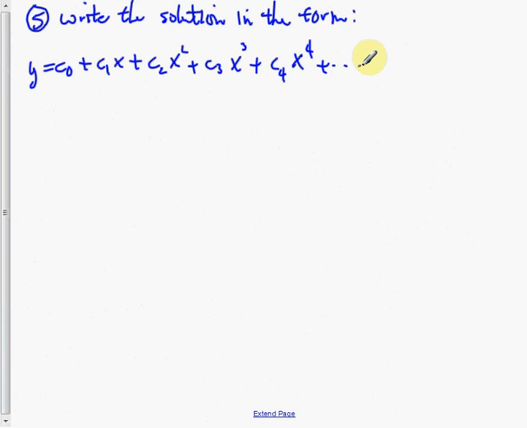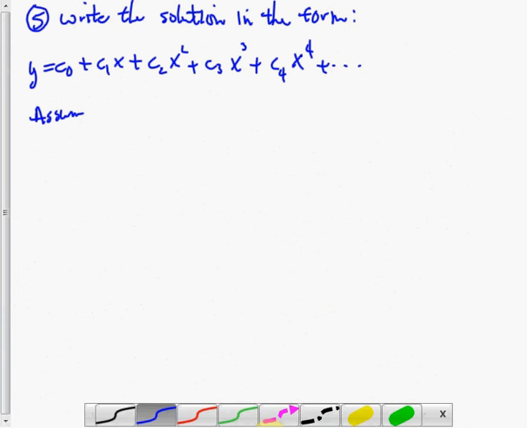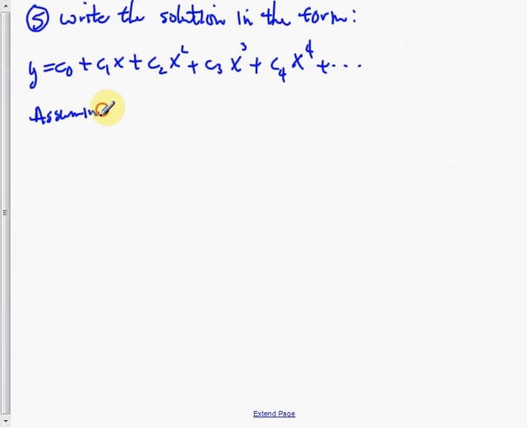I mean, where does that pattern come from? That's what you assume in the beginning, right? Remember, we said assume y equal to the summation as n goes from 0 to infinity of c sub n times x to the n.